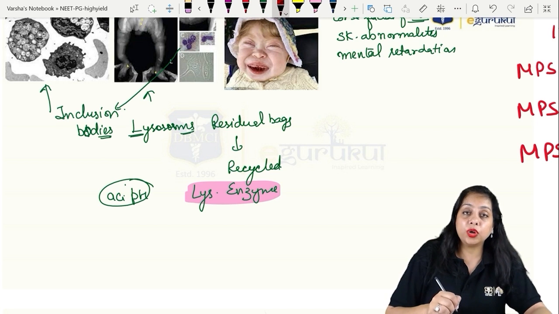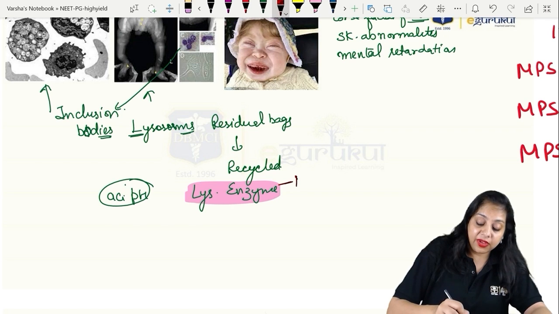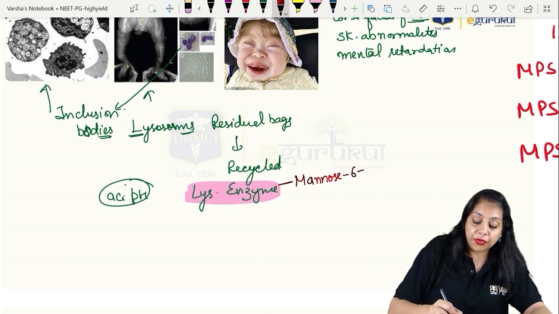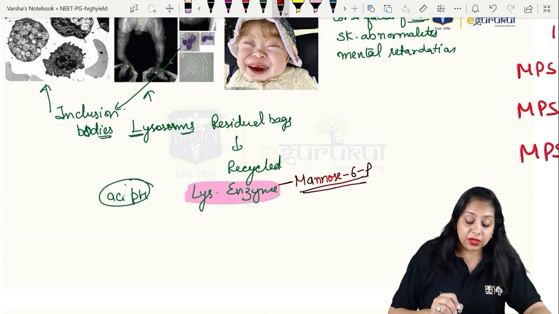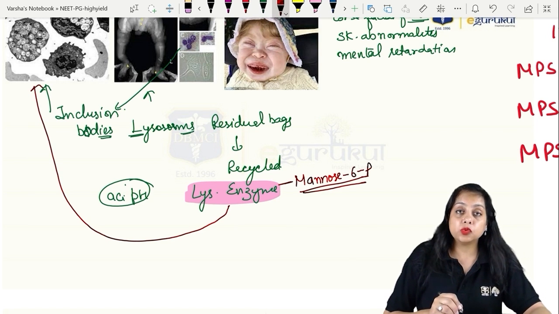We call them post-translational modifications. Even the lysosomal enzymes go through that. What they get is a very specific tag of mannose 6-phosphate. Those that get this mannose 6-phosphate are the ones taken to the lysosomes for lysosomal degradation.